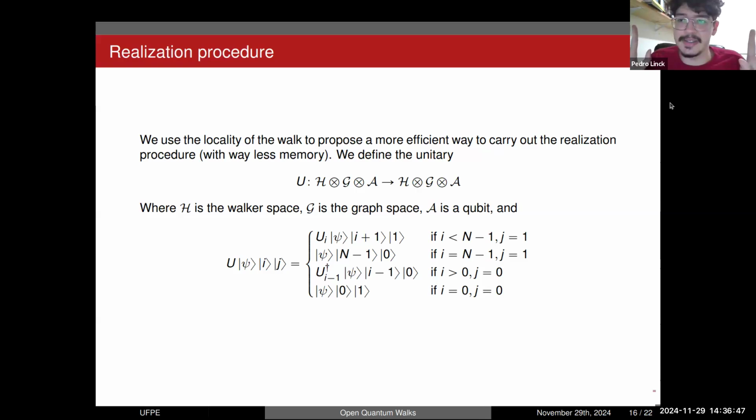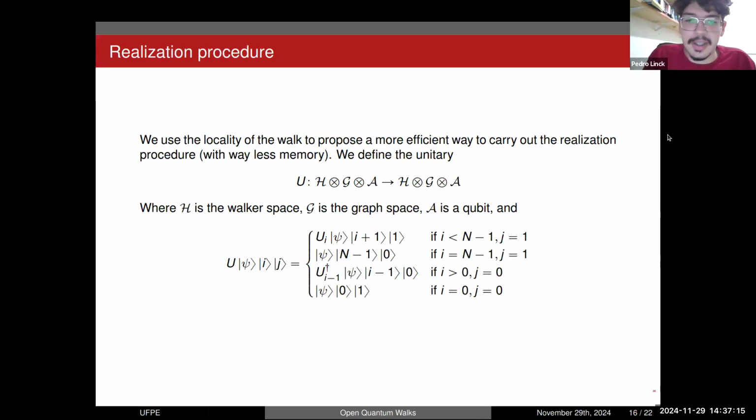It's basically this, but there is a little thing you may see: it's not actually just this. For example, on the second condition, it's not just a controlled gate. When you are on the last node, you have to stay on the last node.